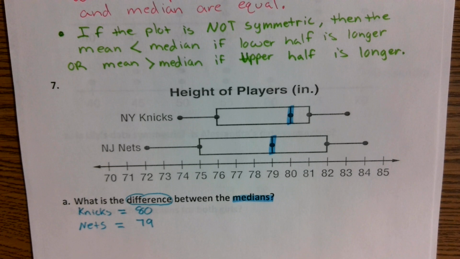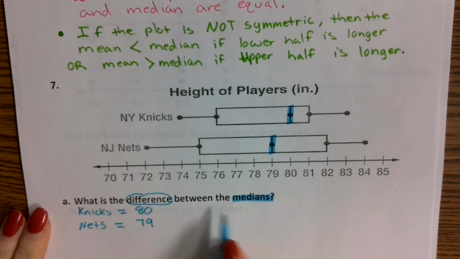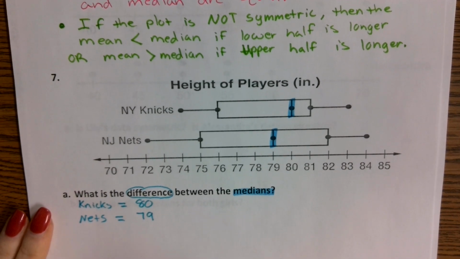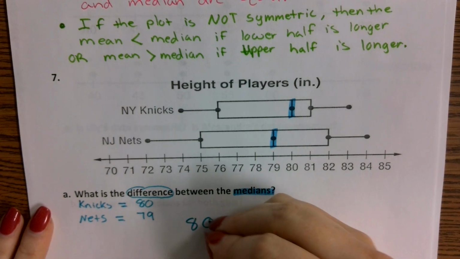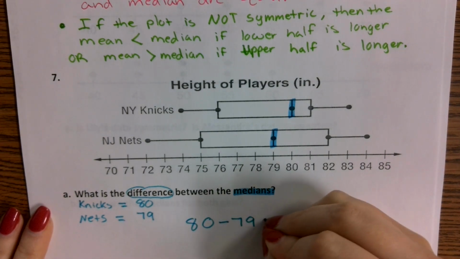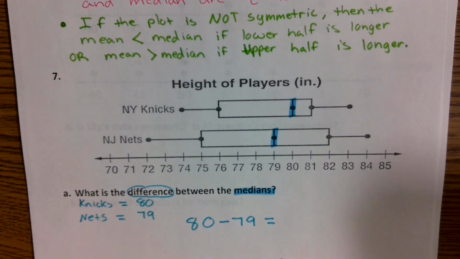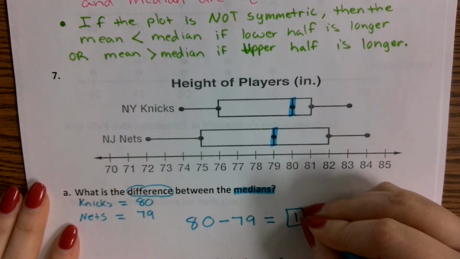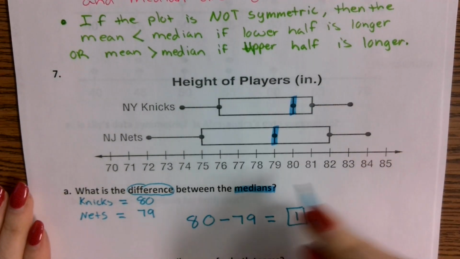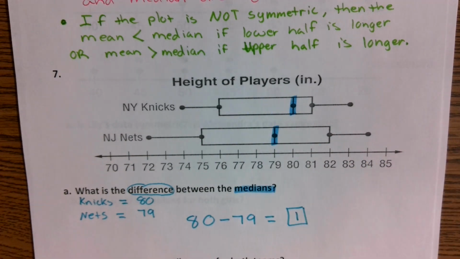Who can raise their hand and tell me what operation is difference? Abdullah. Subtraction. So all we're going to do is take 80 and subtract 79. And what is that going to give us? 1. So the difference between their median heights is a value of 1.